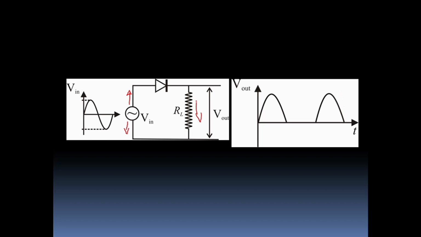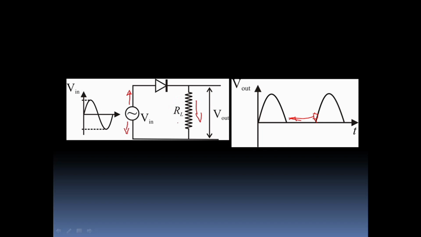So now there is current flow through RL in a single direction. That is the basic expectation of rectification. Therefore it is successful to a certain extent, but during this time there is no current or voltage. That is a weakness, which means part of the energy of the input wave has been lost because the second half cycle is missing.